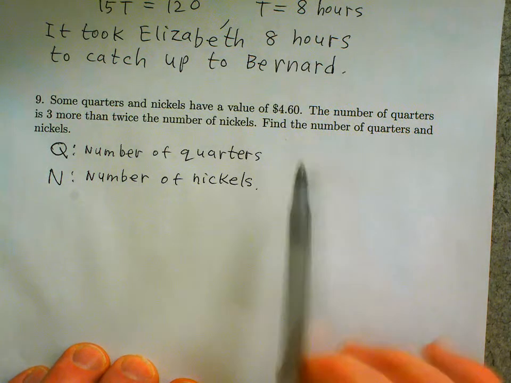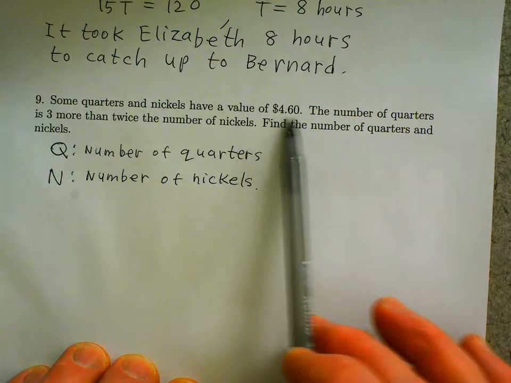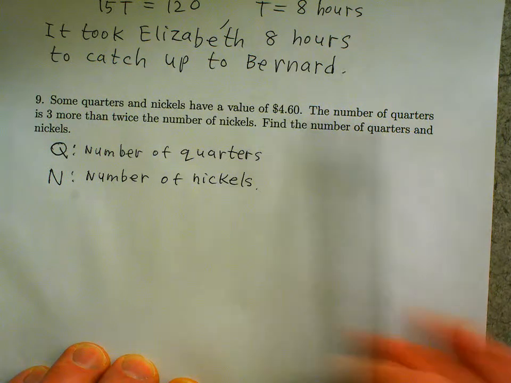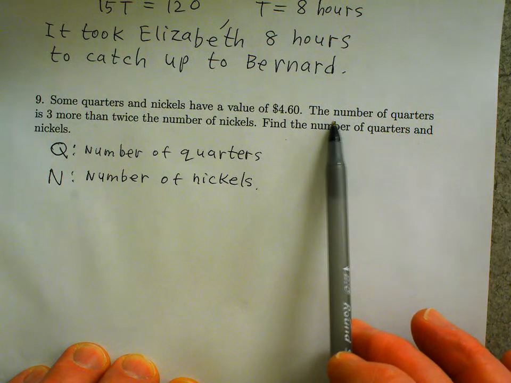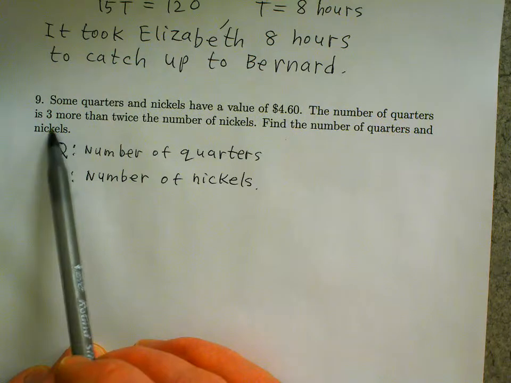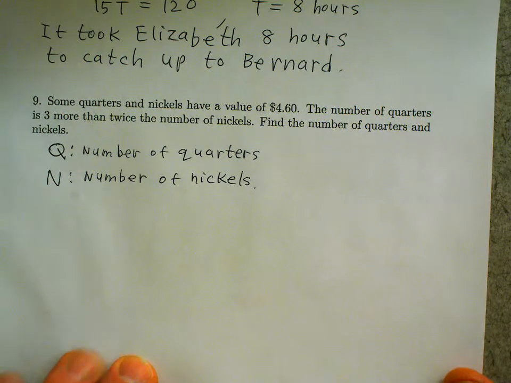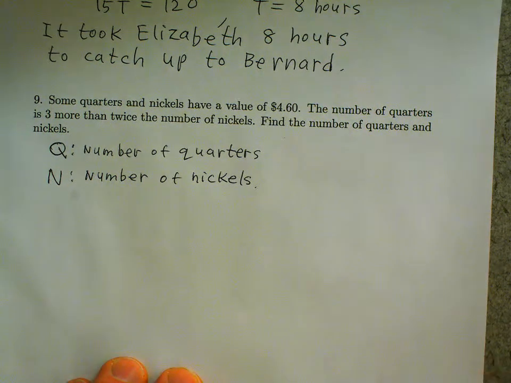The monetary value of the quarters and nickels is $4.60. And in the second sentence, we're told that the number of quarters is 3 more than twice the number of nickels. So from that information and our variable assignments, we can write down 2 equations, one at a time.